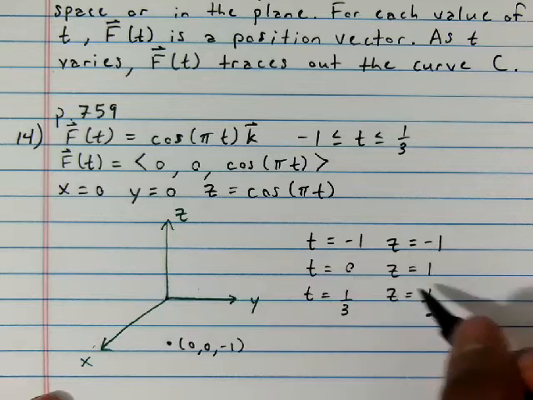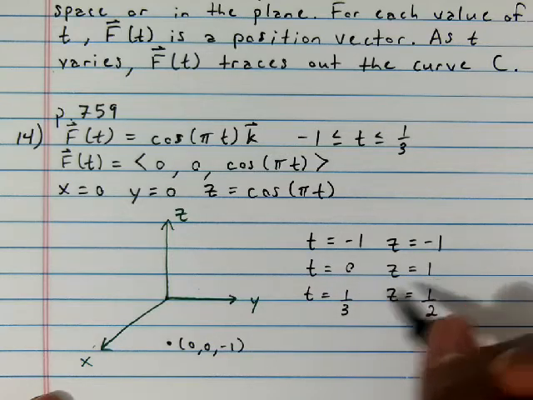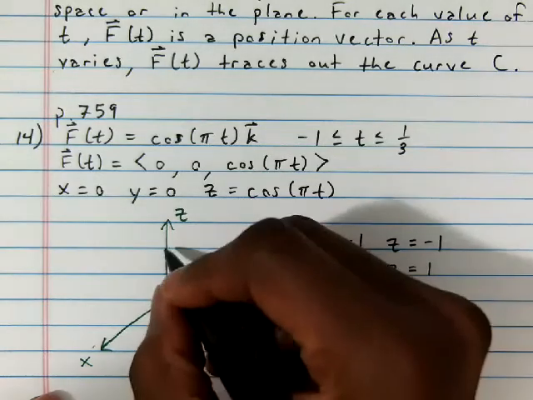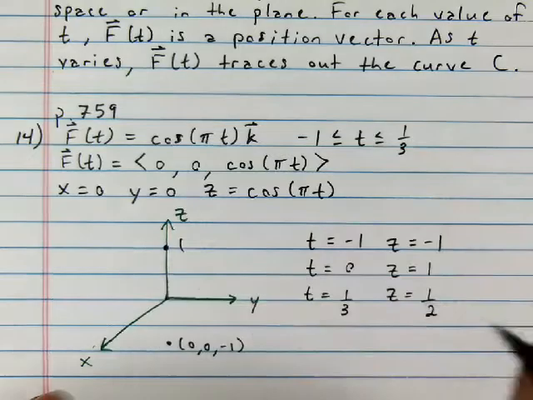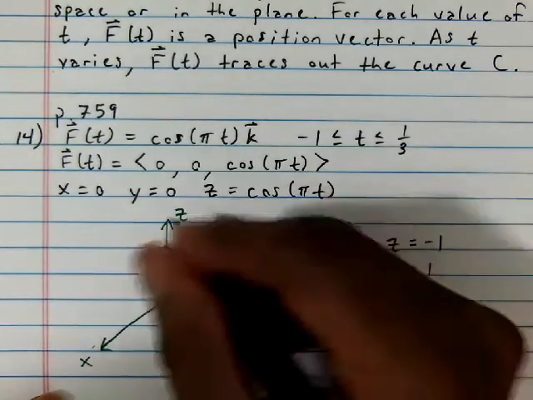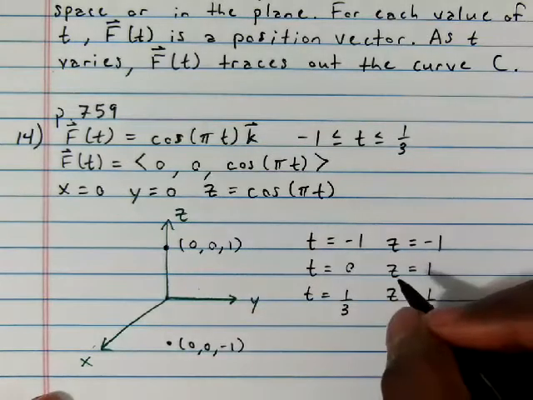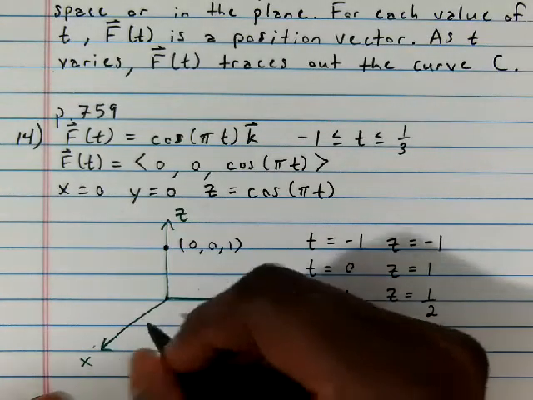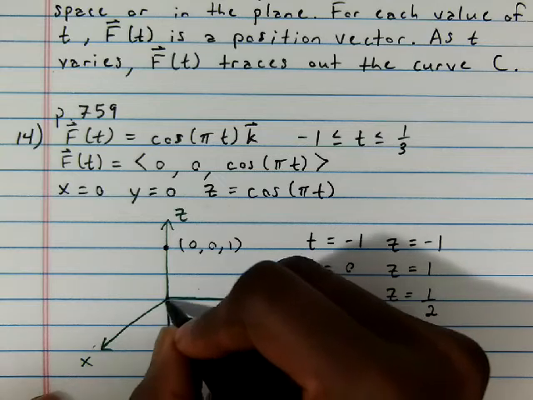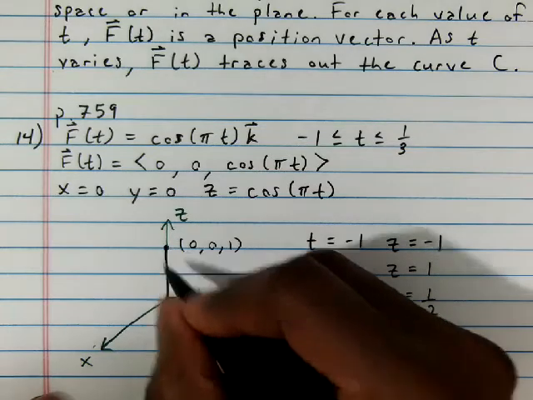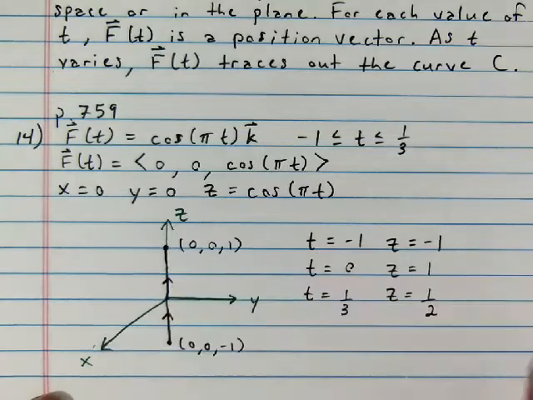So z is going to be up here at 0, 0, 1. That means my line segment is moving from here to here, so my arrows are going up in that direction.